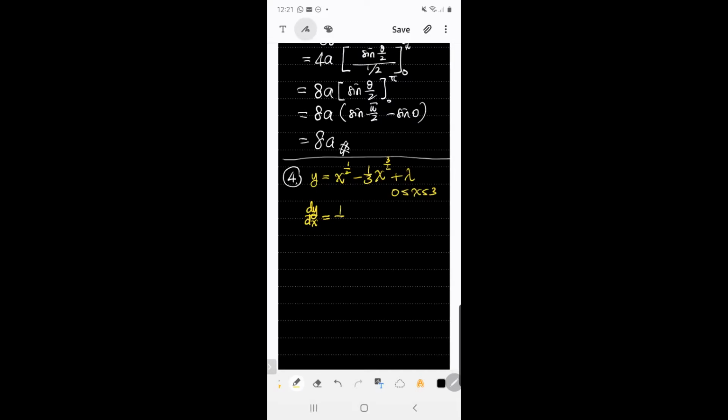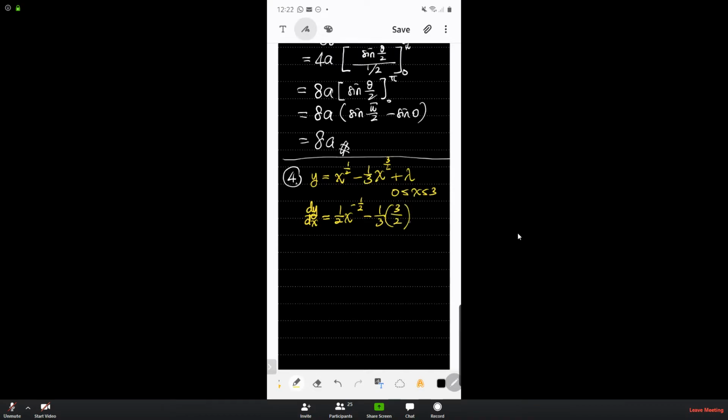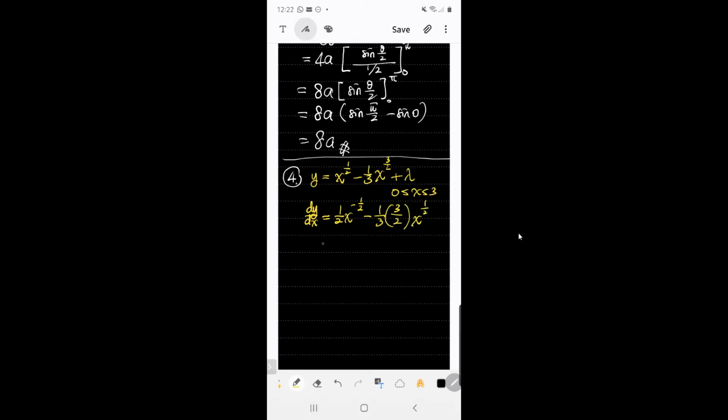So you have 1 over 2 x to the power of negative half, minus 1 over 3 times 3 over 2 times x to the power of half. That is the dy/dx. Simplify this: you have half x to the power of negative half minus half x to the power of half.